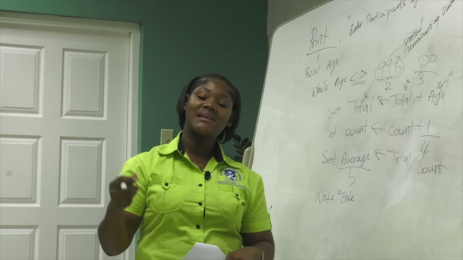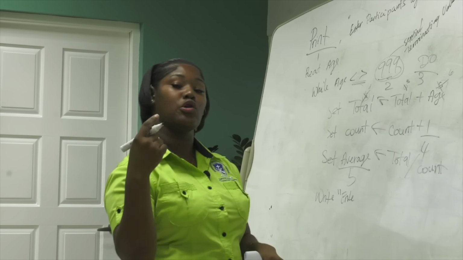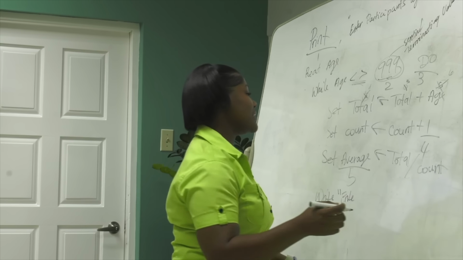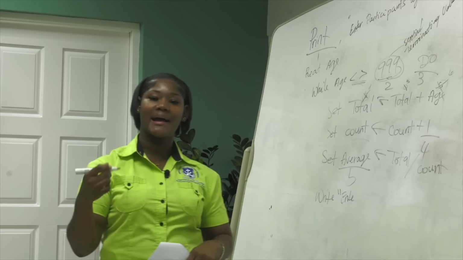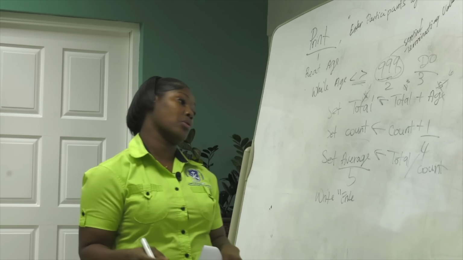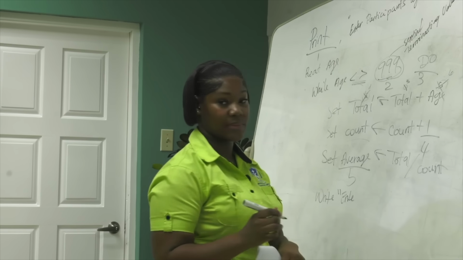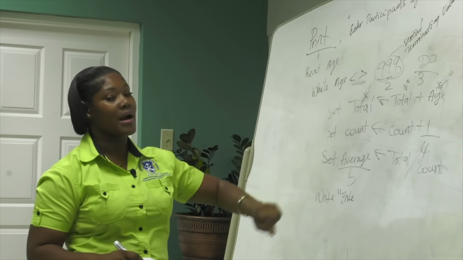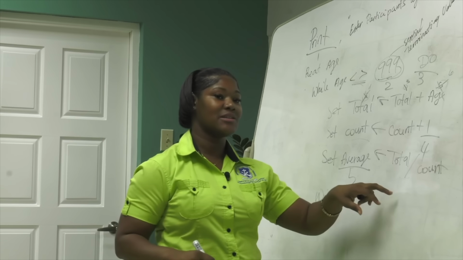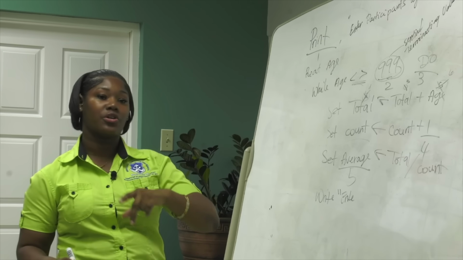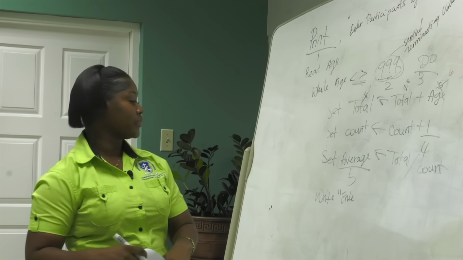So in order to keep track of the number of times that the loop runs, we add to the value count, and it accumulates. Every time the loop runs, one is added to count. So this keeps track of the number of times the loop runs, and then we divide total by that in order to return the average age, right?